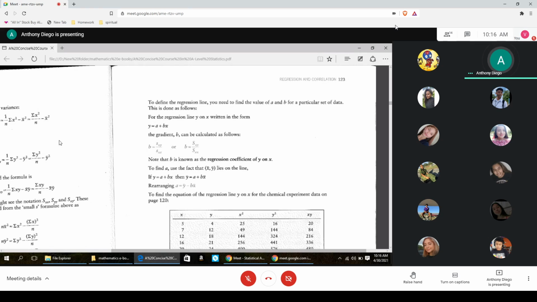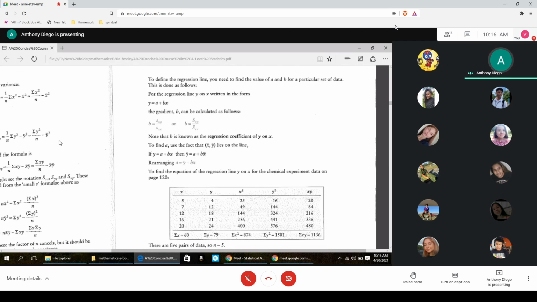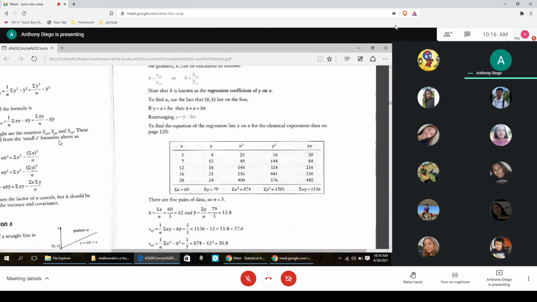Usually, you will always be provided with the values of X and Y. So you need to do a table like this all the time before you can calculate the regression line, the equation of the regression line. So x and y will be given to you.